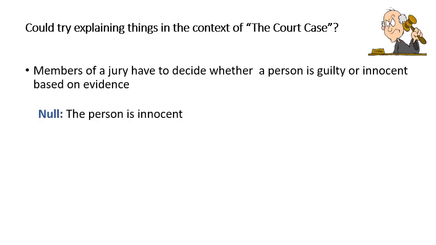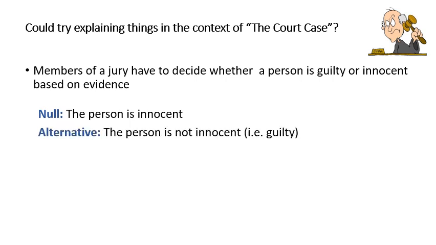So the null hypothesis is the person is innocent, and the alternative hypothesis is the person is not innocent, the person is guilty. The null hypothesis is the statement of the defendant, and the alternative hypothesis is the statement of the prosecution. They have to prosecute that defendant.